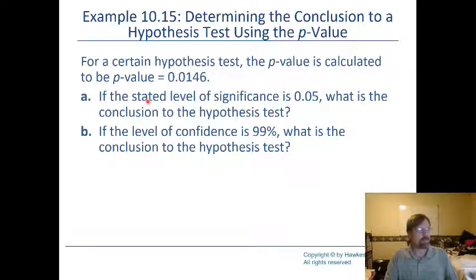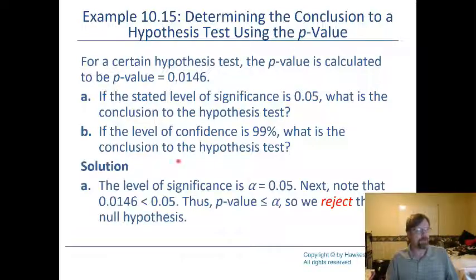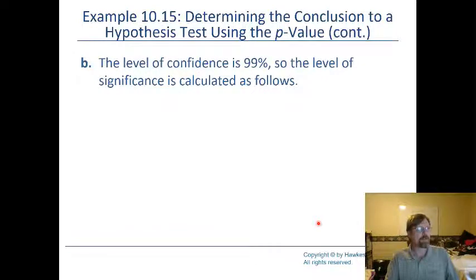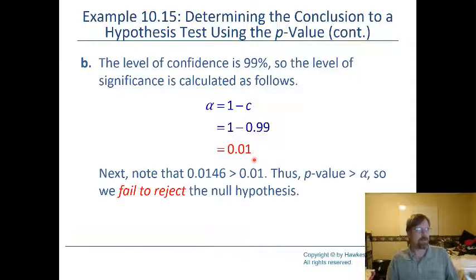Okay, so at alpha equals 0.05, our p-value is less than that, so we can reject the null hypothesis. At a 99% confidence level, we have alpha equals 0.01. Now we are greater than 0.01, so we fail to reject the null hypothesis.